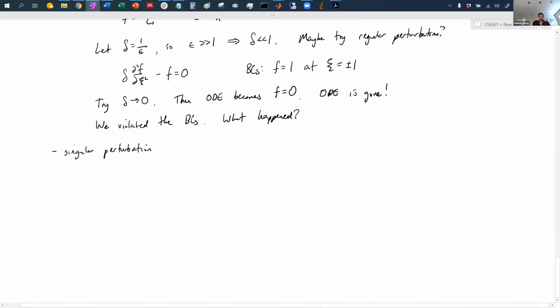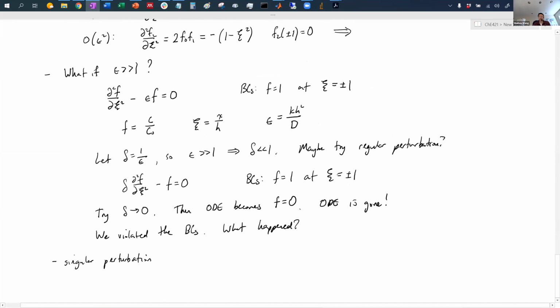And the key with singular perturbation is that we were dealing with the wrong length scale here, okay? If you remember how our problem was formulated, we're going to non-dimensionalize our concentration by some C0. That's probably still fine here, right? But we're going to non-dimensionalize our position by H. That's the thickness of the slab of material, right?